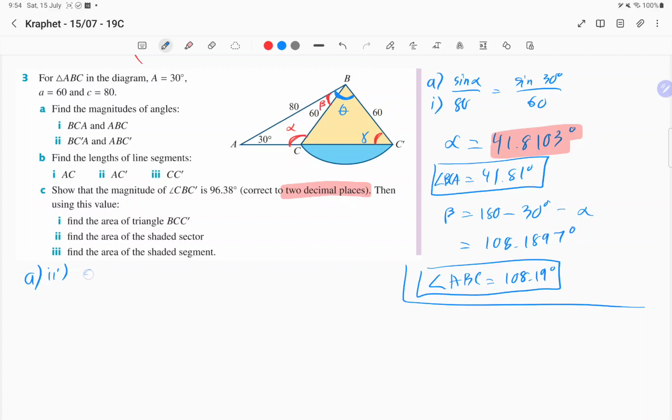So the sine rule again: sine of gamma over the opposite side, 80, in this triangle here, equals sine of 30 degrees over 60. Once again, just punch that in: inverse sine of 80 sine 30 over 60. If you can, you can do this question really quickly. So that's 41.81. Oh wait.